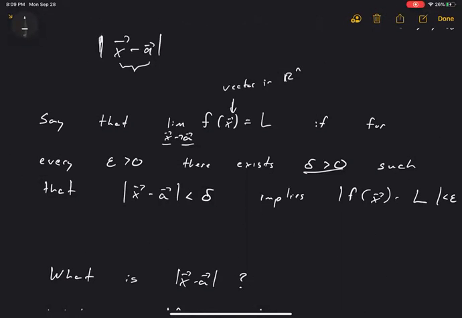And that vector has a length, which we can denote with these magnitude bars. So this thing is a vector, and its magnitude is getting smaller. That means x is approaching a. If the magnitude of this vector goes to 0, what that means is this vector x is approaching this vector a.